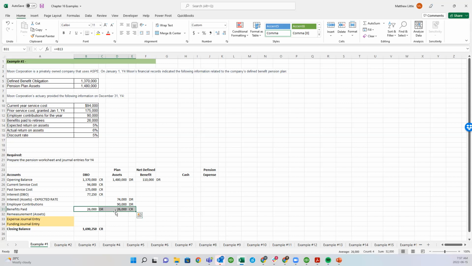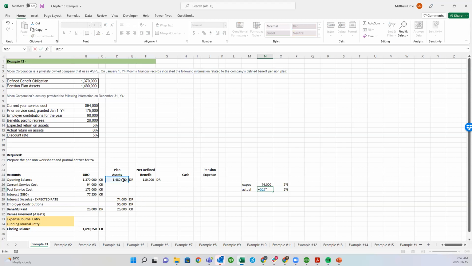For the remeasurement piece, we looked at the expected versus actual return. So in this case, our expected rate was 74,000 at 5%. Let's do a little table. So let's go expected versus actual. Expected we have already calculated, which is the 5%. The actual is 6%. So we can take 6% of our plan assets.